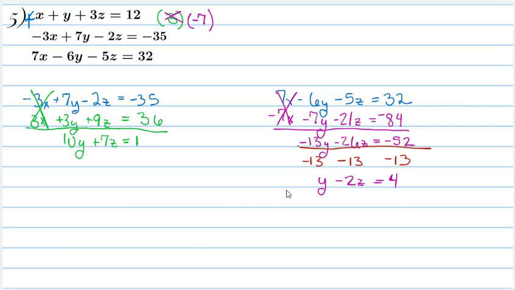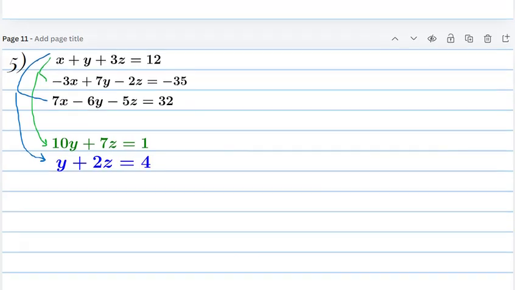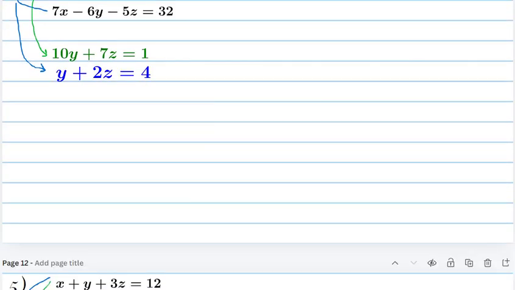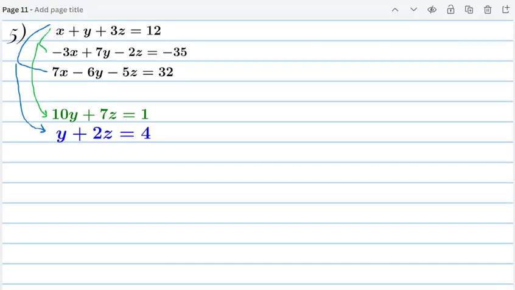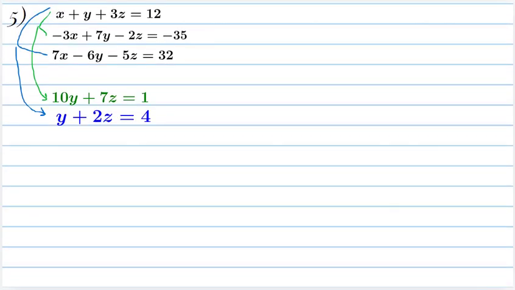So now we're going to take this information and use it to help us knock out either the y or the z. And so looking here, if I want to cancel out the z's, I have to multiply both equations.